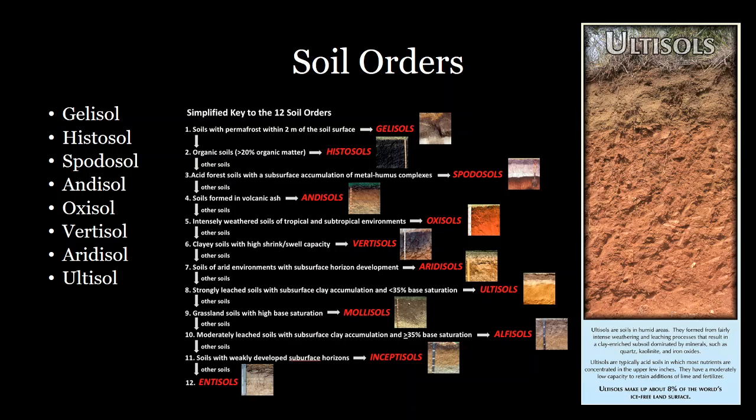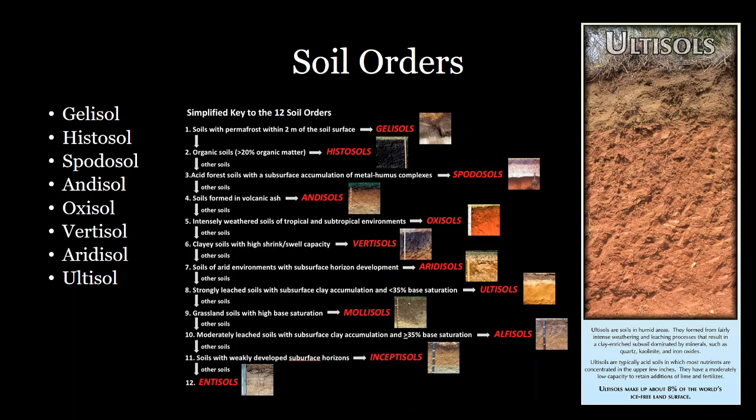Next, we have altisols. Altisols are soils that have experienced extensive leaching, and so they're usually soils in humid areas, and that humidity allows the nutrients to leach away from it.